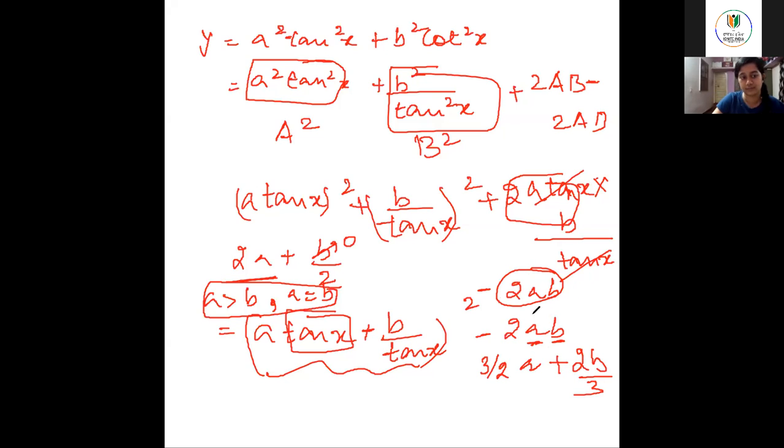So that is the thing, that you should be very comparative in all these things, and that is the reason in the question they have very carefully asked only the minimum value of y. If you take the minimum value of y, it's just 2ab.